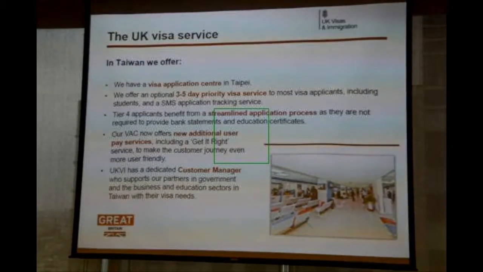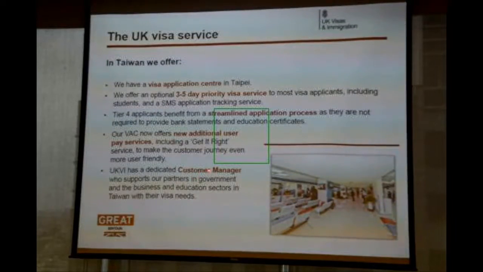But to be honest, for Tier 4 general students, there aren't any documents really, so you don't really need to use this service, okay? But for some other applicants, like business applicants where there's a lot of documentation required, that kind of service is quite useful. So don't be put off if you see use of paid services. People don't have to pay for these, they're optional.